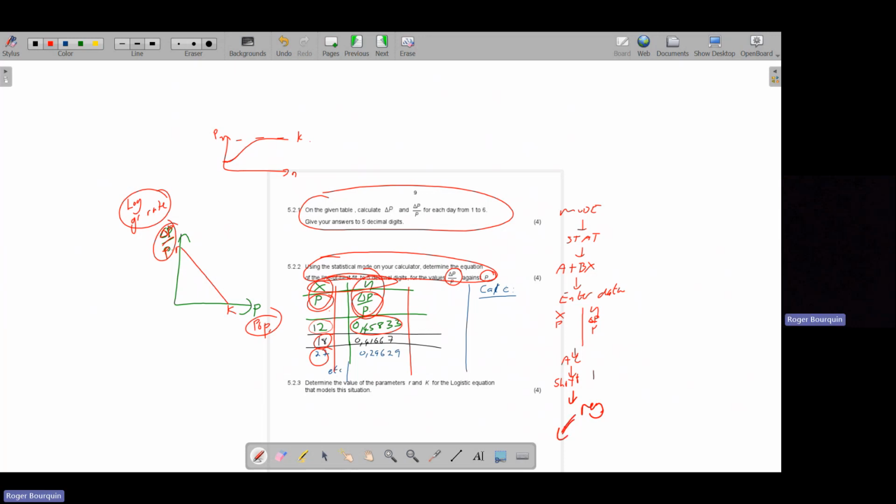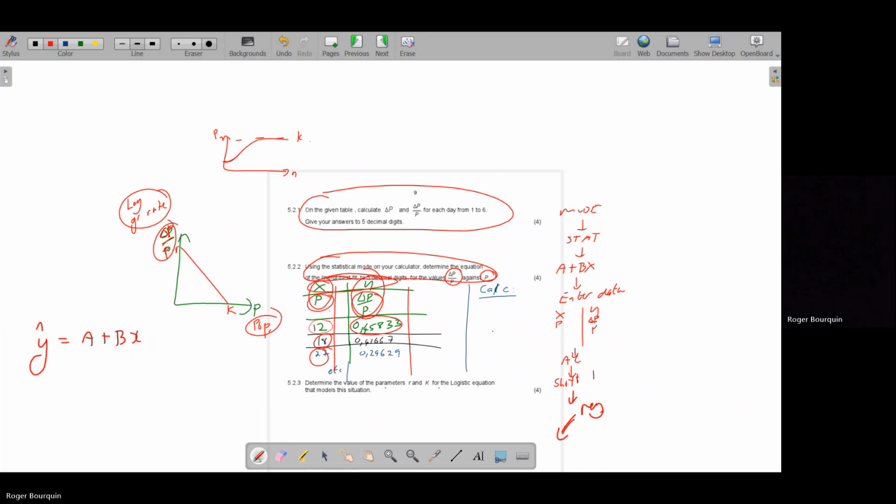So the question says, using the stat mode of a calculator, determine the equation of the line of best fit. The line of best fit is normally written in this form: y cap is equal to a plus bx.